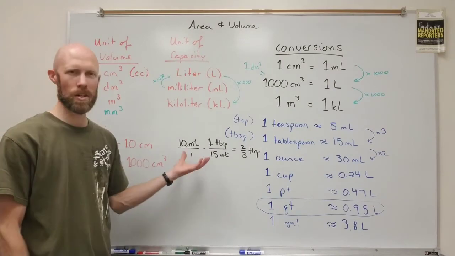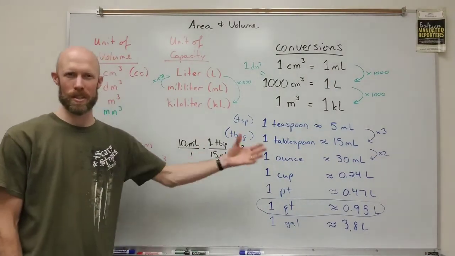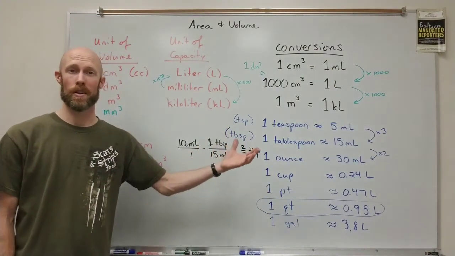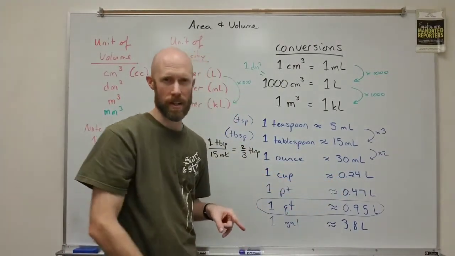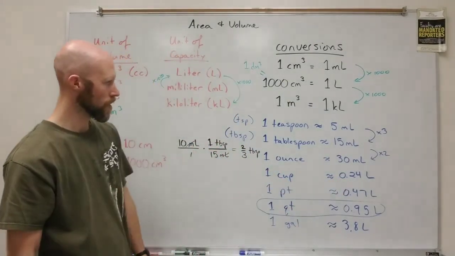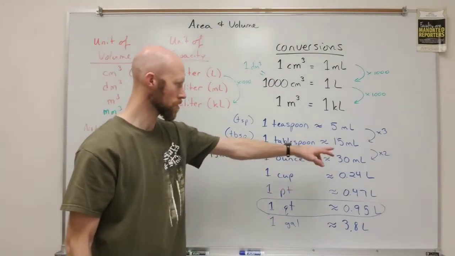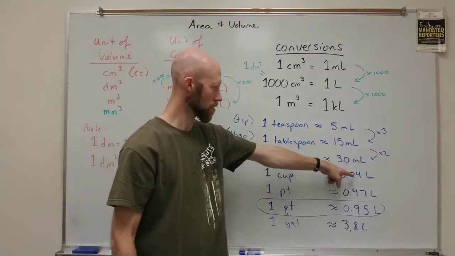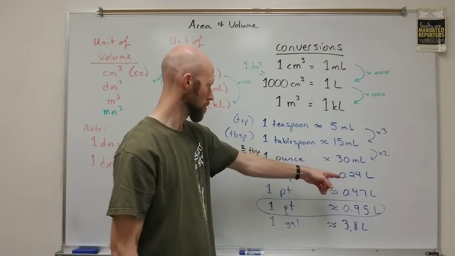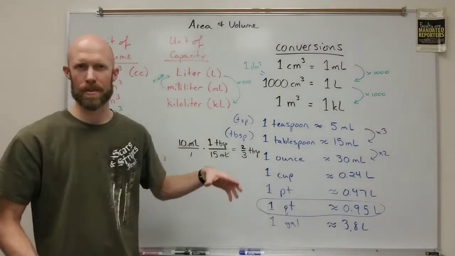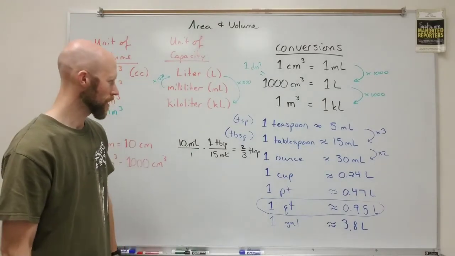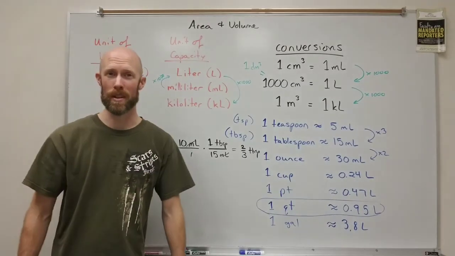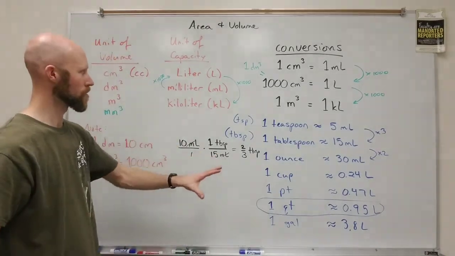But anyway, it's all dimensional analysis from there. Once you get these conversion tables figured out, it's all about setting these up as your unit fractions, right? So if you needed to convert from, let's say, milliliters to cups, well, go milliliters to ounces and then ounces to cups. So you can do something like that. Sometimes you need a middleman in there, or two, to go from one to the other. But these are our conversions.